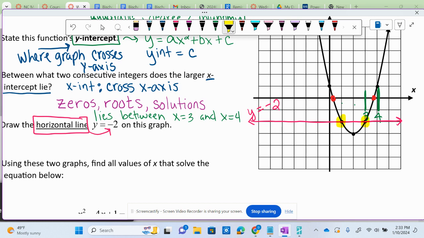Here and here, right? So it says use the two graphs to find all x values that solve the equation below. And the equation below is x squared minus 4x plus 1 equals -2. Where did that equation come from?